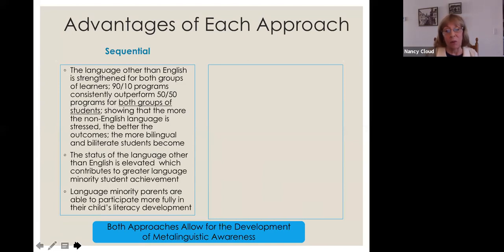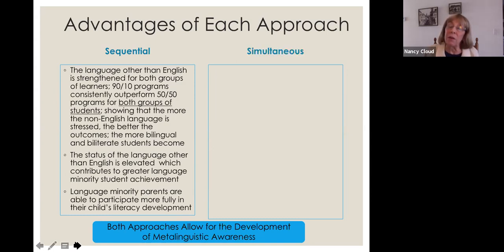It doesn't need any support, but the other language needs to be respected and valued. And so when we start first in the language other than English, we're saying these languages both matter, and English gets a lot of support, and we're going to give some more support to the other language. And language minority parents sometimes feel better because they're able to participate more fully in their child's literacy development.